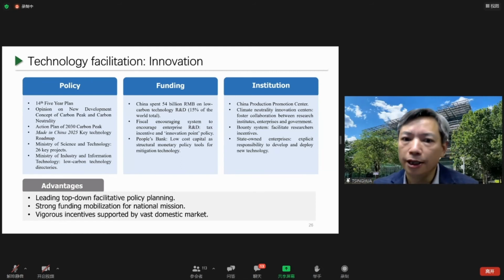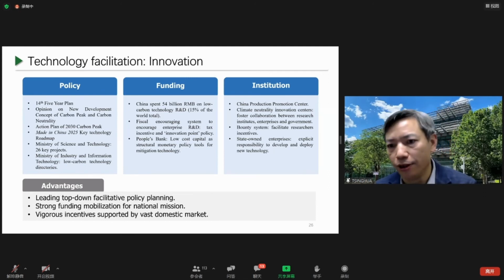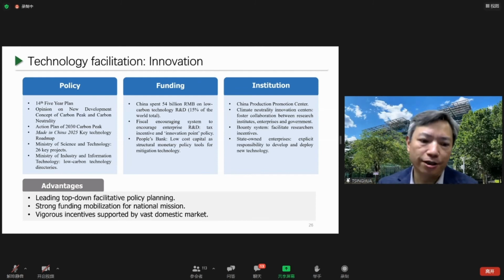In general, there are some significant advantages in promoting technological innovation in China, for example, leading top-down facilitative policy planning, strong funding mobilization for national missions, and vigorous incentives supported by a vast domestic market.